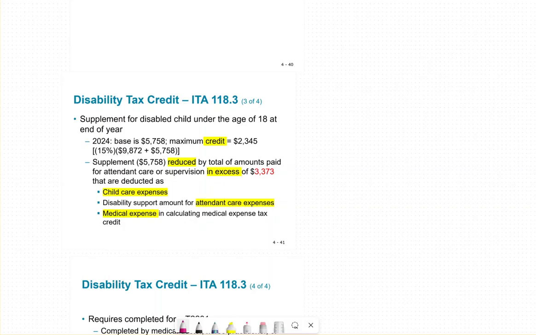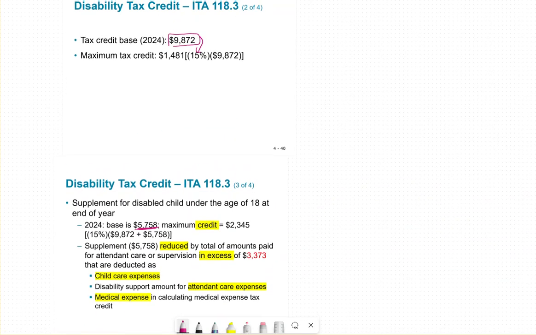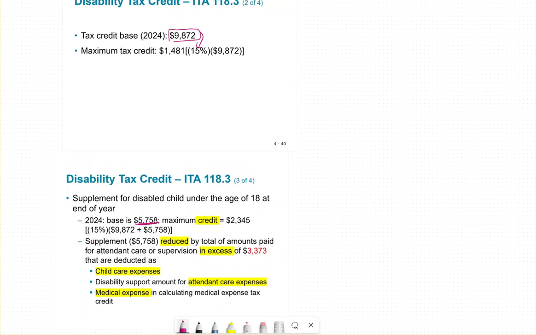So this is the base amount. I have a disability credit of 9,872, and on top of the 9,872 we are getting a supplement of a maximum of 5,758. My tax credit is 15%.